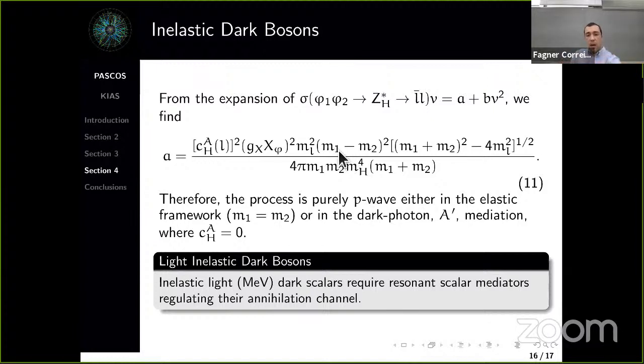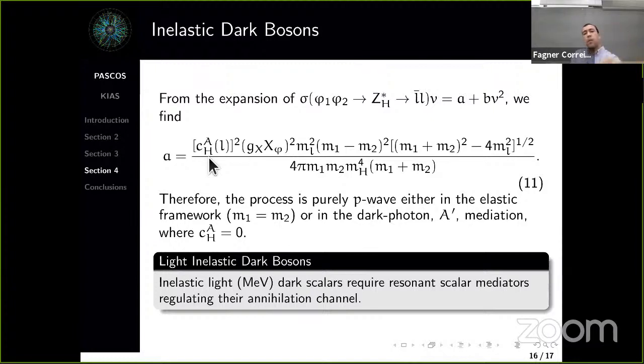Both cases we cannot have in a Z prime mediated process. And why? Because we need the mass splitting to be such that we can produce a pion, and that already excludes this assumption. And we have a Z prime, therefore it's not a dark photon, so axial vector couplings are present there. So how to solve this?